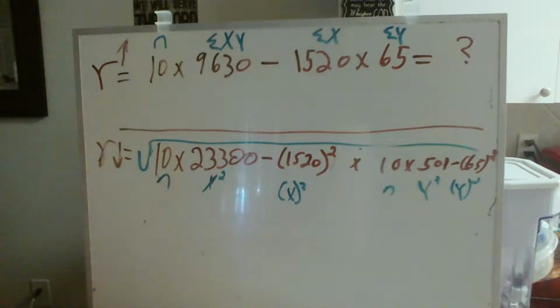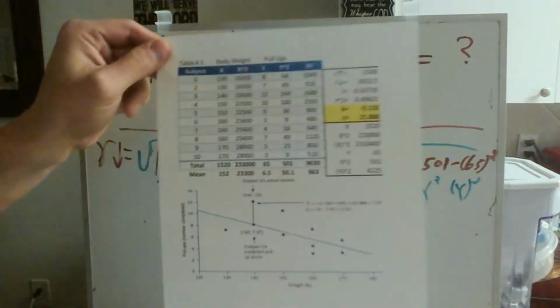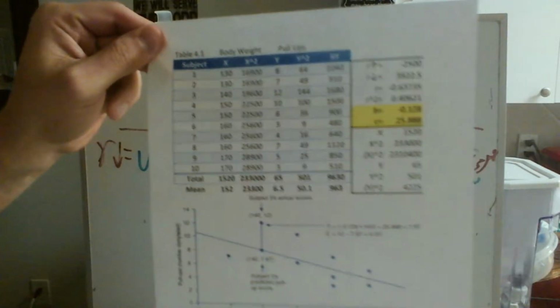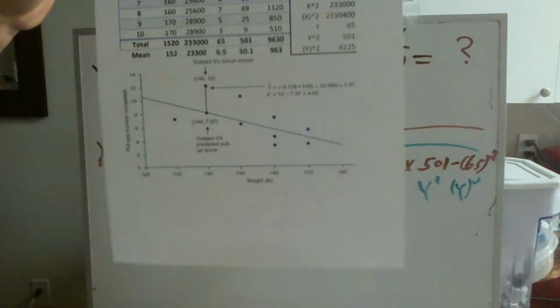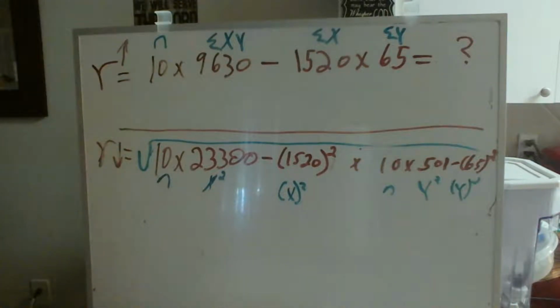Now this is coming out of table 4.1, and it's a table that I created and modified. You can see I took out the chin-ups portion because it helps follow through later in the chapter when you see the weight and pull-ups chart that's in the textbook.